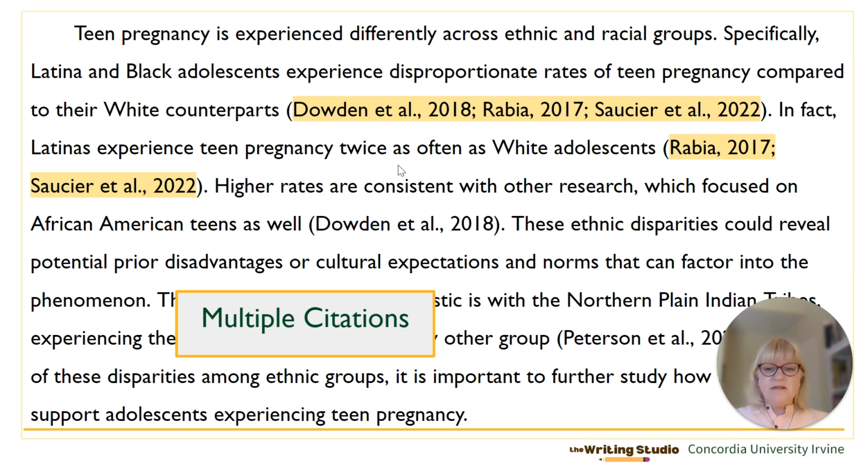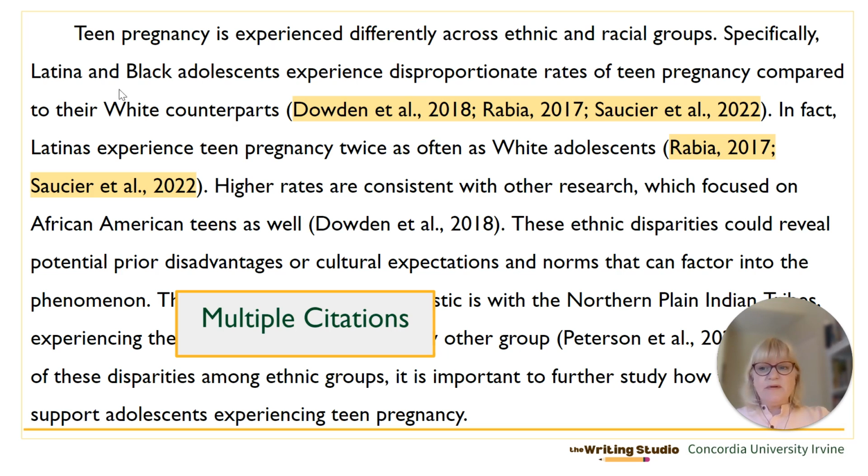The next thing is that you can see there are multiple citations in this paragraph. What this means is that the information in the sentence in which the multiple citation is placed is common among researchers.